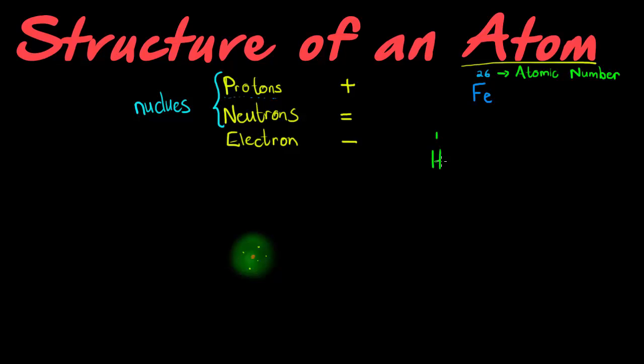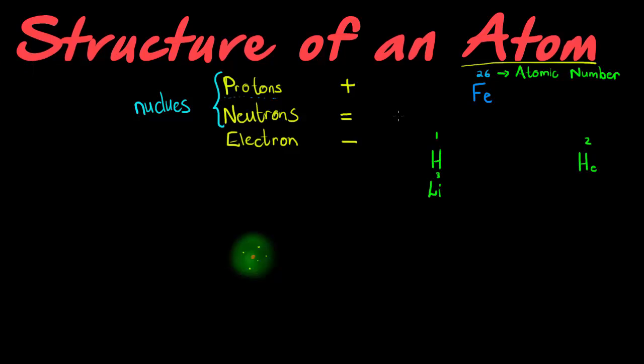Hydrogen has one proton in its nucleus. The next one is helium. Helium has an atomic number of 2, so it has 2 protons in its nucleus. The next one is lithium. Lithium has 3. So notice that as I add a proton, it actually changes what type of element it is. That is very interesting.